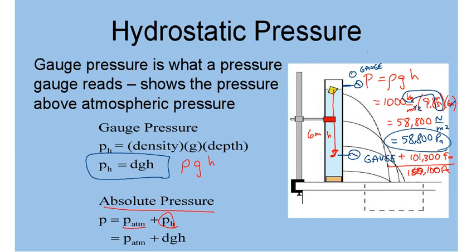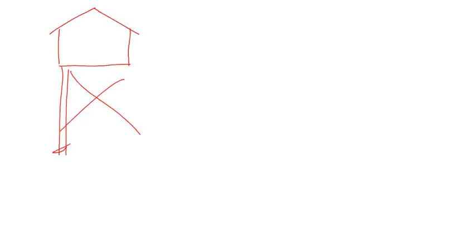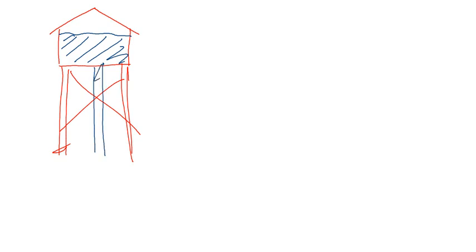Now there are lots of other things that you could do with gauge pressure here. Sometimes you'll see a problem. Maybe there's a water tower and there's a pipe, here's the water level like this, and a pipe comes all the way down, and you have a gauge right there.